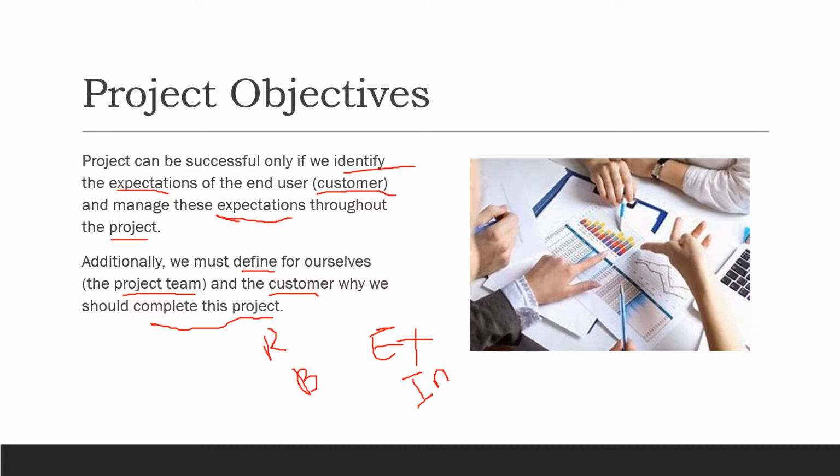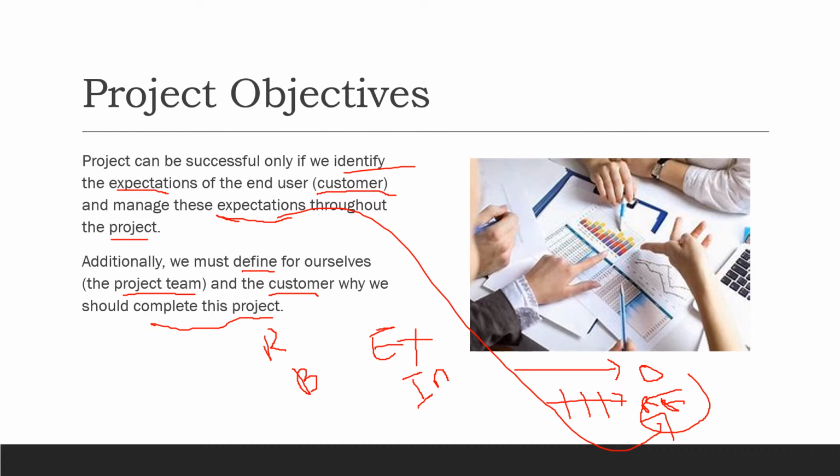This is the same as your objectives going towards the goal. Your results and your benefit are now your customer expectation. So therefore you know how to go, and that's under your project objectives.